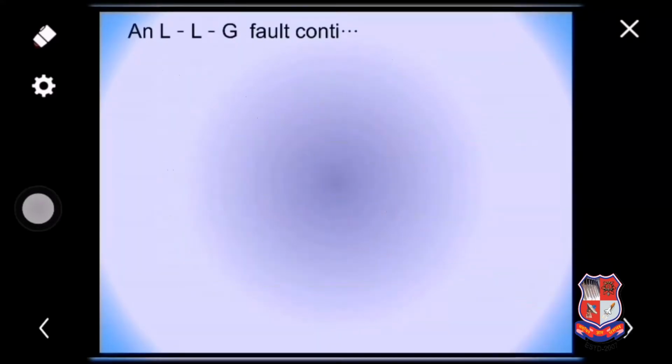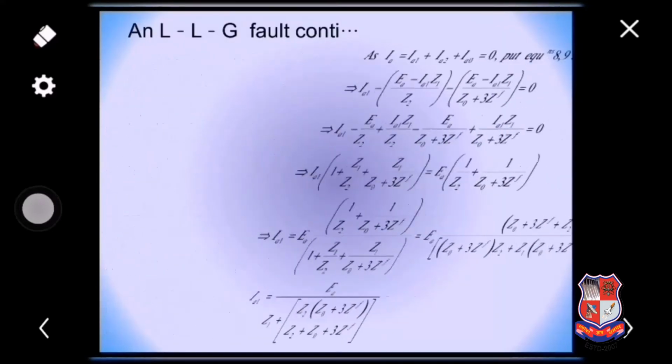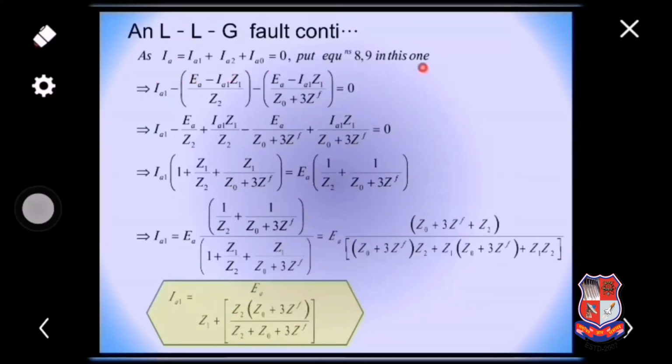Using equations 8 and 9 in the basic boundary condition IA equal to 0, at last you will be in a position to derive this equation, which is what I already told you, what you can obtain from the basic laws of electrical engineering from that parallel connection network. Here IA1 is equal to EA upon Z1 plus the parallel combination of Z2 and Z0 plus 3ZF. The equation of IA1 will lead us to IA0 and IA2 using the current divider rule.